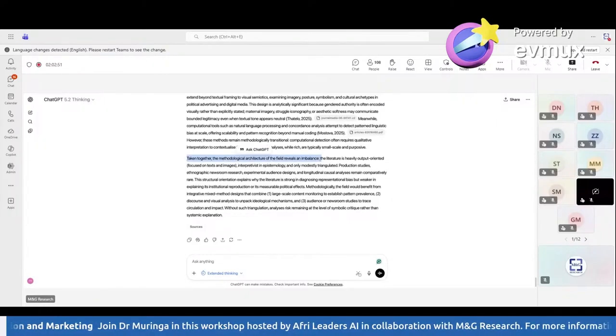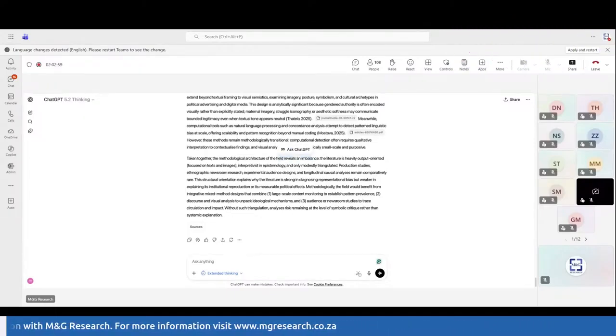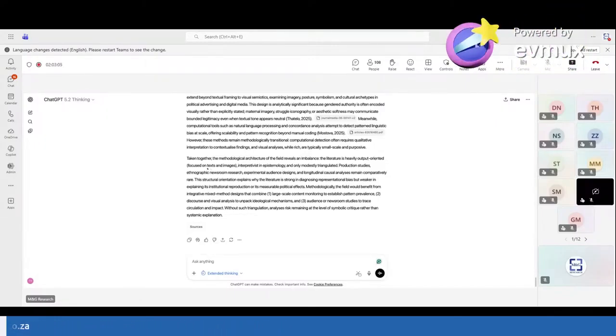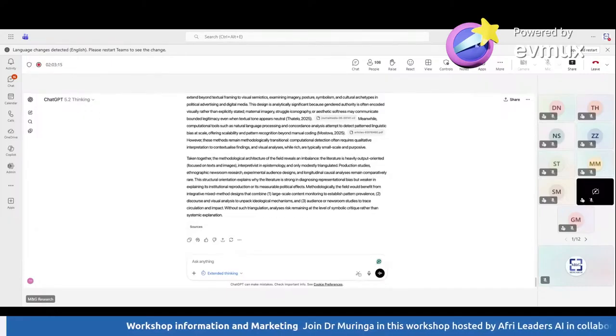Reviews an imbalance. Now, this is what we call a synthesized literature review and identifying gaps in literature, right? There's a few imbalances. The literature is heavily output orientated, right? Focused on text and images, interpretive epistemologies, and only modestly triangulated. Production studies, ethnographic newsroom research, experimental audience design, and longitudinal causal analysis remain comparatively rare.